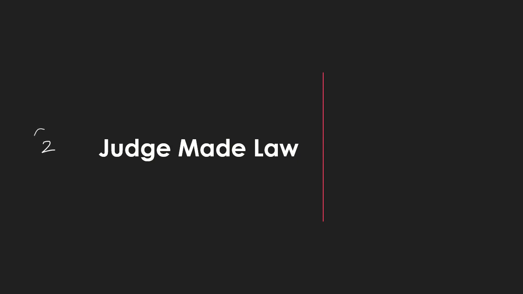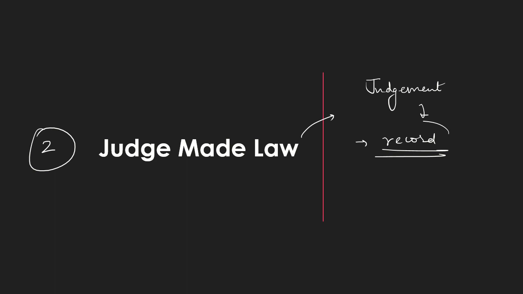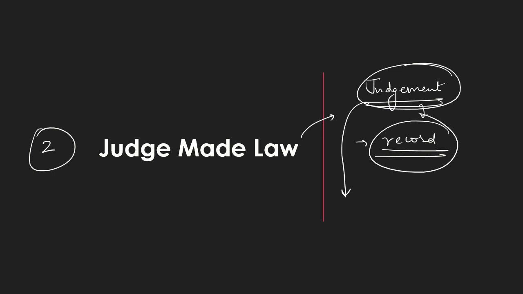Next, we look at judge made law. What do I mean by judge made law? You see, I said that when a court pronounces a judgment, we keep a record of it because what has been said by the judge in his judgment is also the law. So, in the judgment, I said there are two parts.